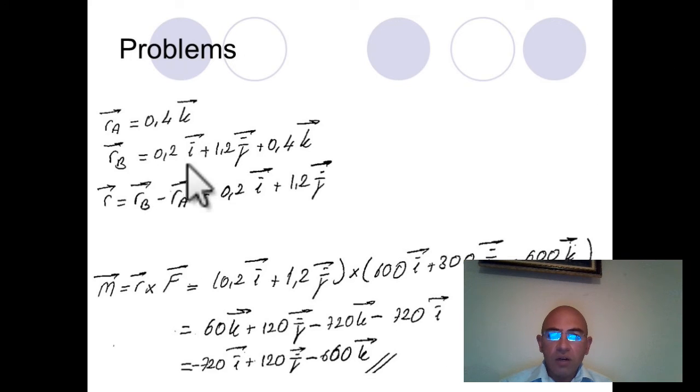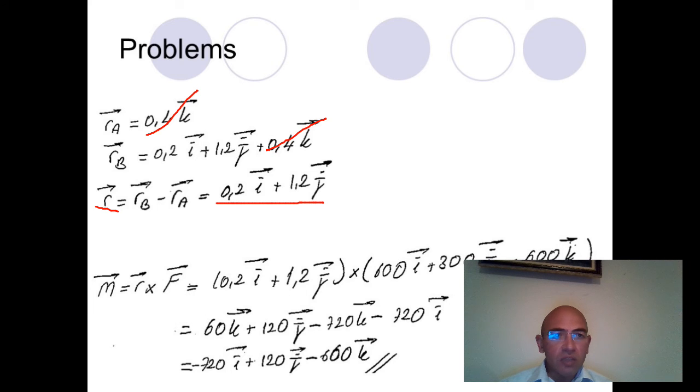Okay, now we write RB. Certainly we need to calculate the relative position of B from A. B with respect to A, I apologize. In fact, we have only z components which are common. So minus RA gives us minus 0.4, and this term will cancel this term, and as a result the relative position vector of B with respect to A, which we denote by r, is 0.2 i plus 1.2 j.